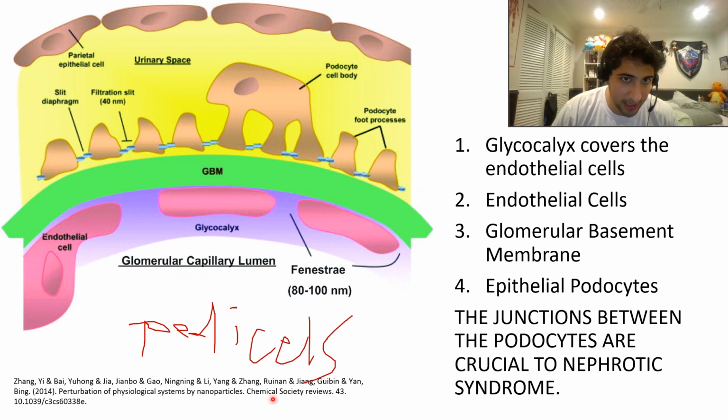And these pedicels form the filtration slits, okay? They form the filtration slits. And these filtration slits are really important because that's what things are going to pass through and be filtered. And that's how you're not going to lose excessive protein in the urine. This is a big component of that. So in the nephrotic syndrome, which we're going to talk about at length, these are injured and they retract.